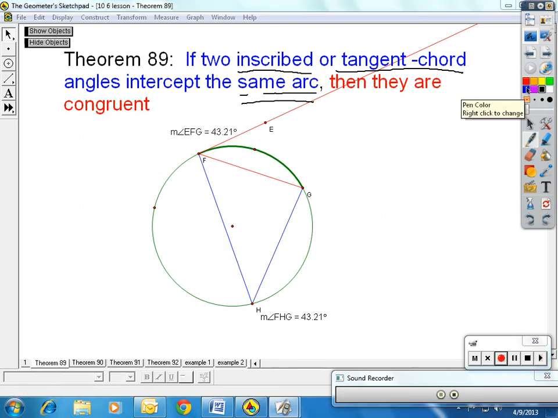We can see then that angle EFG is congruent to angle FHG. You can see that there's 43.21 for the same reason, right? Because we know how this angle is measured, 1/2 the arc, and this one is 1/2 the arc, so clearly they must be the same measure. So that's theorem 89, very straightforward, and the proof for it is pretty brief.